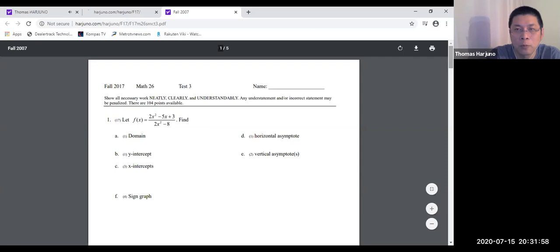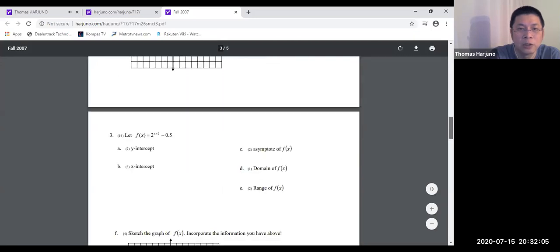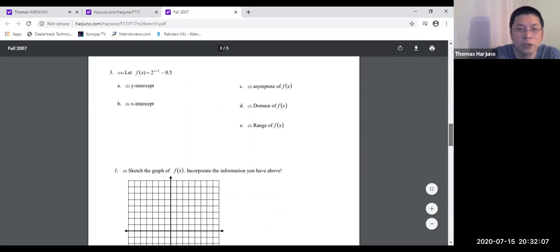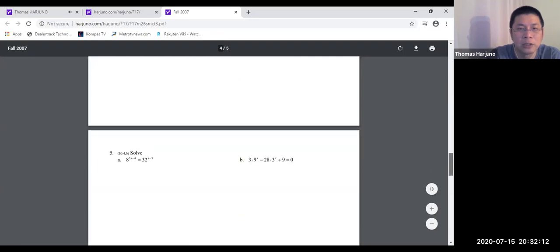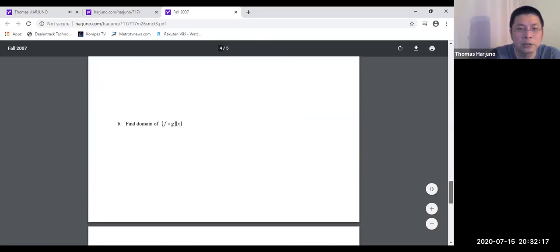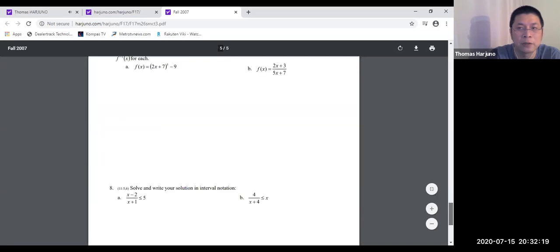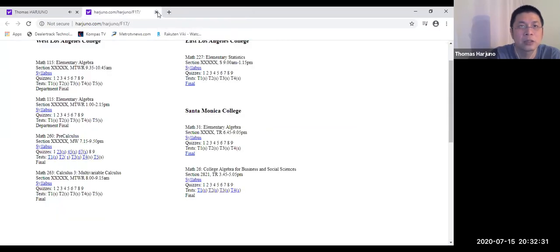So if you study from college algebra at SMC, you can actually look at their test 3 too, where they have rational functions. They even have the exponential functions, exponential equations, composition of functions, and inverse functions. So I do recommend you to study from Math 26, Test 2 and Test 3.